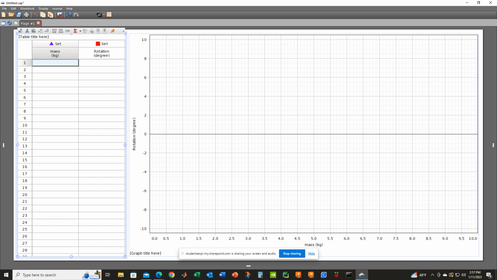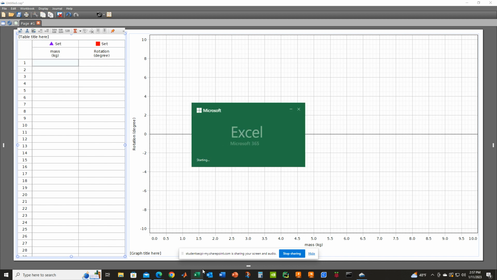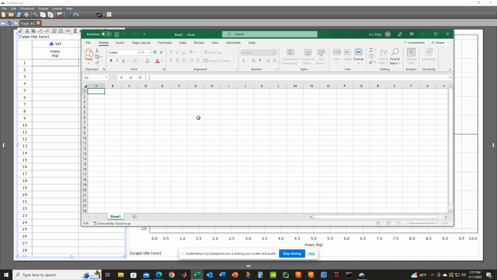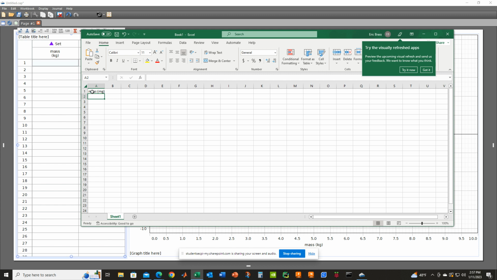What we need to do, and I'm going to use Microsoft Excel again here, and we might be able to do it in another program, but I'm just going to do a quick calculation here. I'm going to put mass in milligrams.